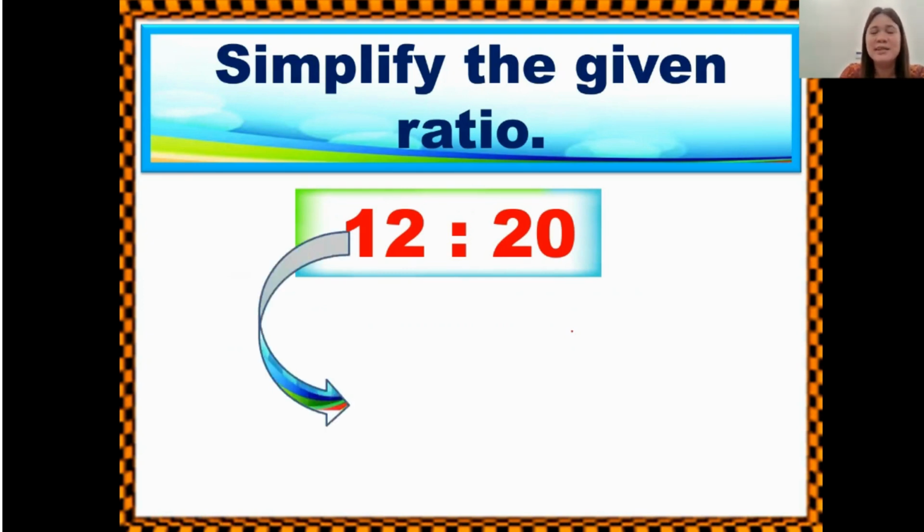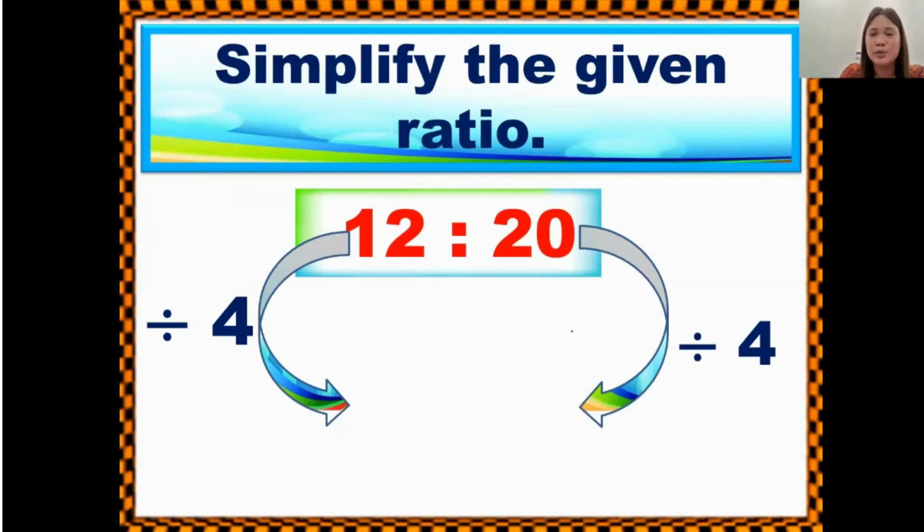So I'm going to divide 12 and 20 by 4. It should be the same number. So 12 divided by 4, that gives me 3. And 20 divided by 4, that gives me 5. So the simplest form of 12 to 20 is 3 to 5. That would be your final answer.